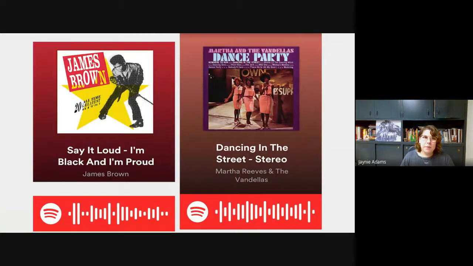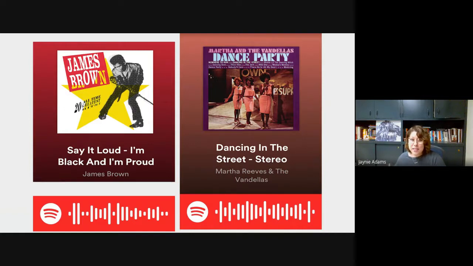So here are some examples that I pulled. One, very obvious, James Brown, Say It Loud, I'm Black and I'm Proud, very obviously connected to the struggle for Black freedom. Dancing in the Street, however, is a protest song from the struggle for Black freedom, but not as outwardly and not as in your face as the James Brown song.